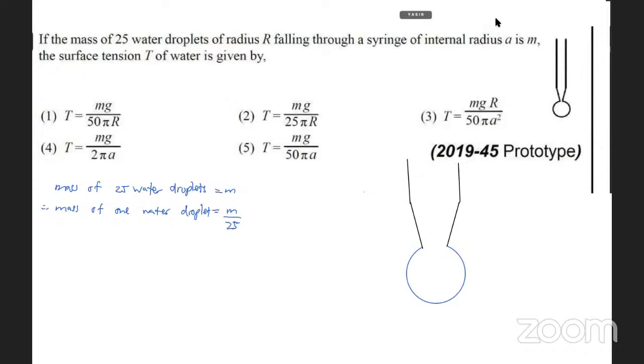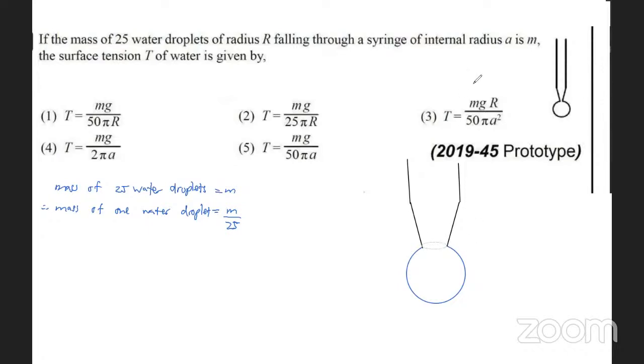Your syringe has a circular outlet like this, and that circular outlet is the one holding that water drop. Does it make sense?